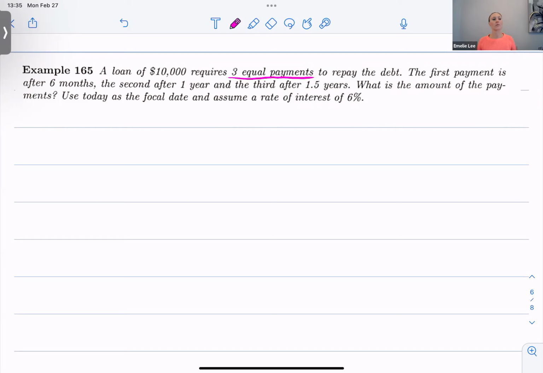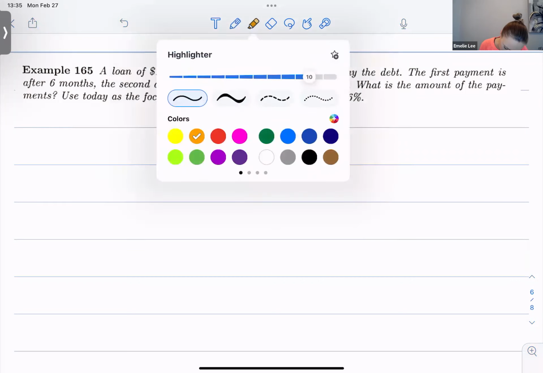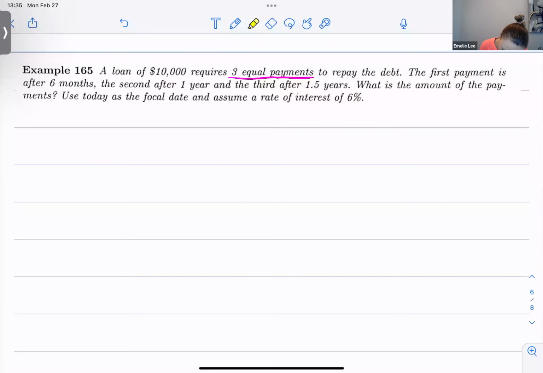So we've got today as our focal date, and that's going on our timeline. And then there are 3 payments: 6 months, 1 year, and 1.5 years. So it looks like I have 4 ticks on my timeline.